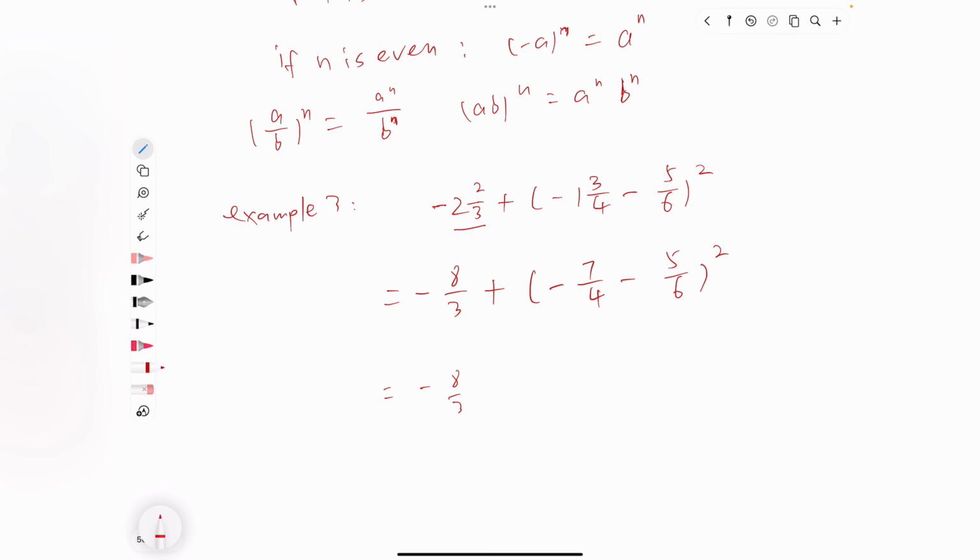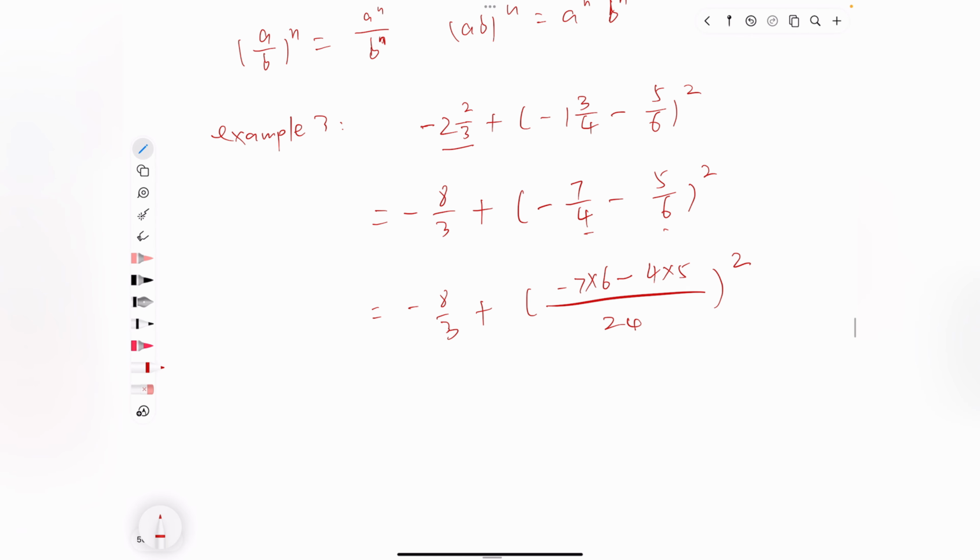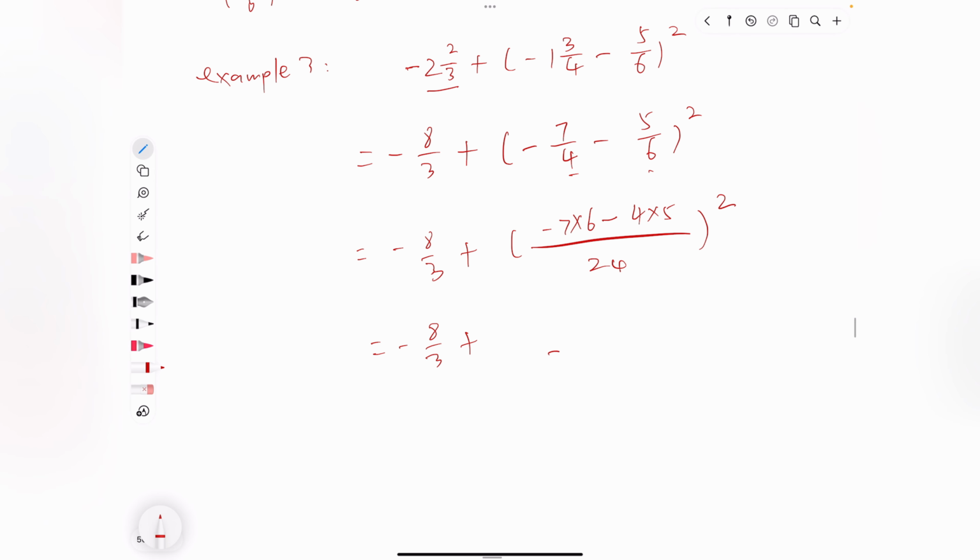So negative 8 over 3 plus, we add these together, 24, so it's negative 7 times 6 minus 4 times 5 square. Negative 8 over 3 plus, so we have 24 on the top, the negative 42 minus 20 square.